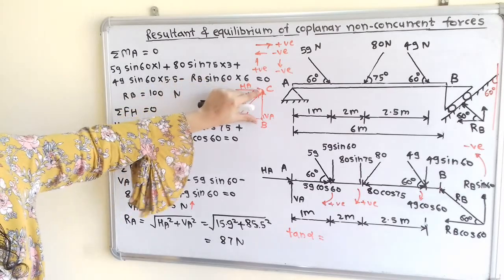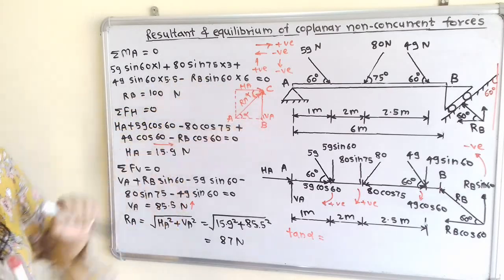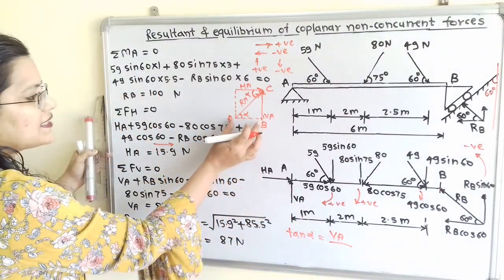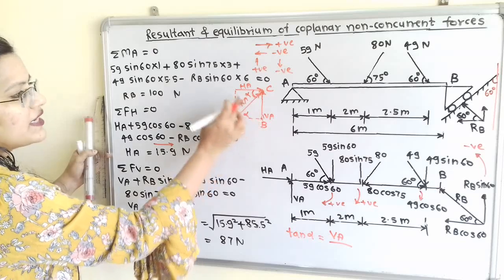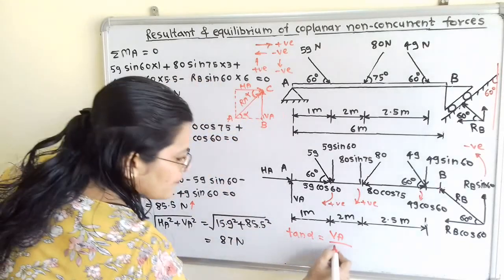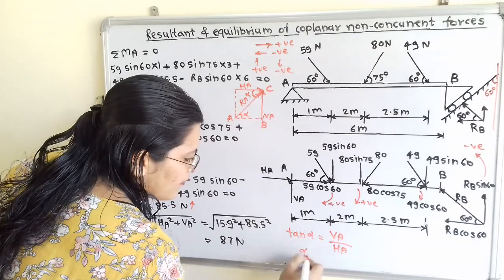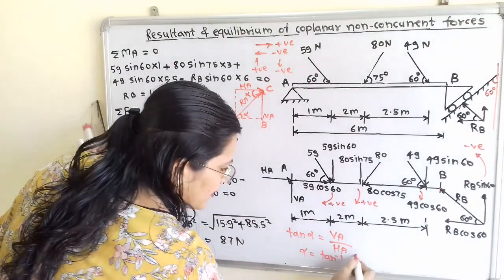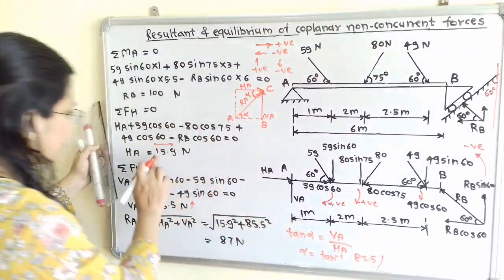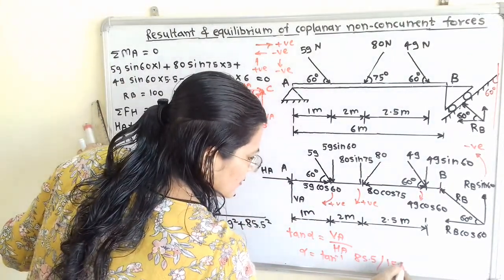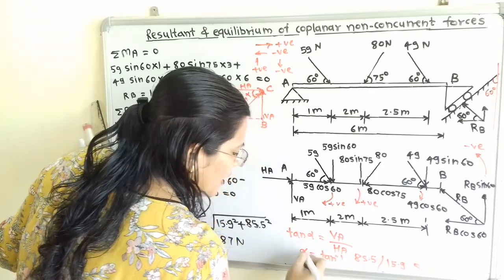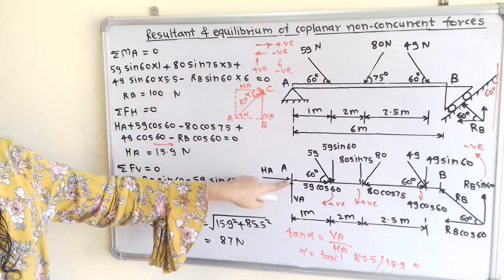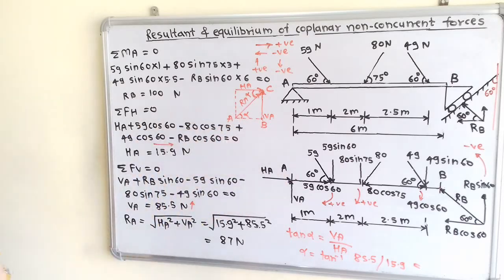The opposite side is BC, which is nothing but VA, divided by the nearby side AB, which is equal in magnitude to HA. So alpha is equal to tan inverse of VA, 85.5, divided by HA, 15.9. Therefore we can find the value of angle alpha, and when we get angle alpha, we can locate the exact location of RA.